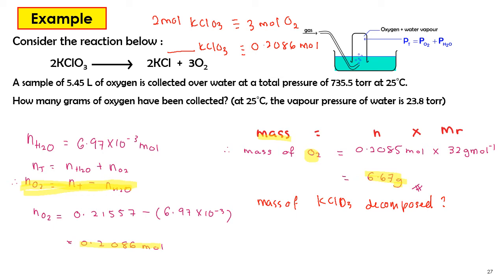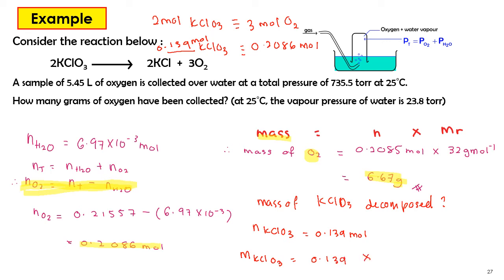0.2086, so you will have the mole of KClO3, potassium chlorate, is 0.139 mole. So if you want to find the mass of this potassium chlorate, mass is mole times molar mass.